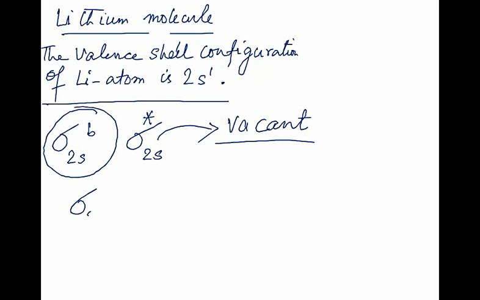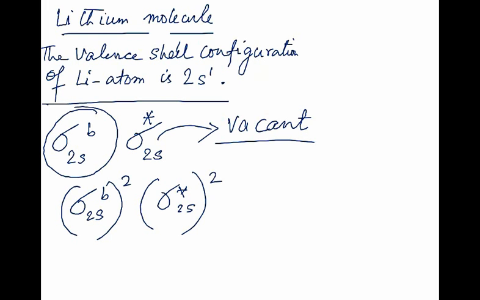So we can write the molecular configuration for lithium as sigma 2s bonding 2 and sigma star 2s antibonding 0. This is the molecular orbital configuration for the lithium molecule. Now if I draw the MO energy level diagram for lithium, it will be like this.